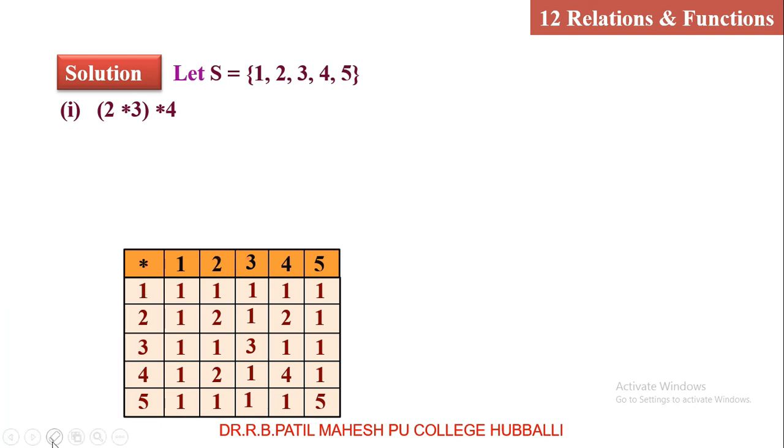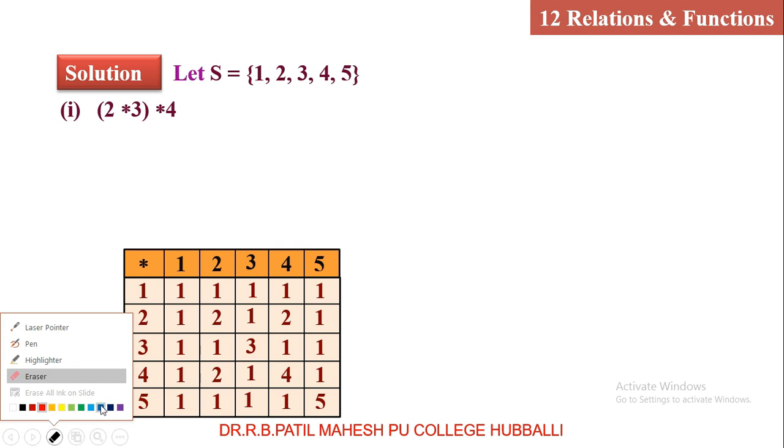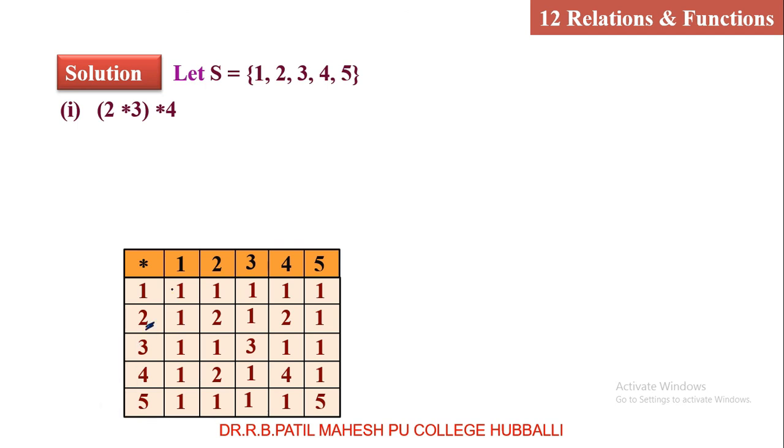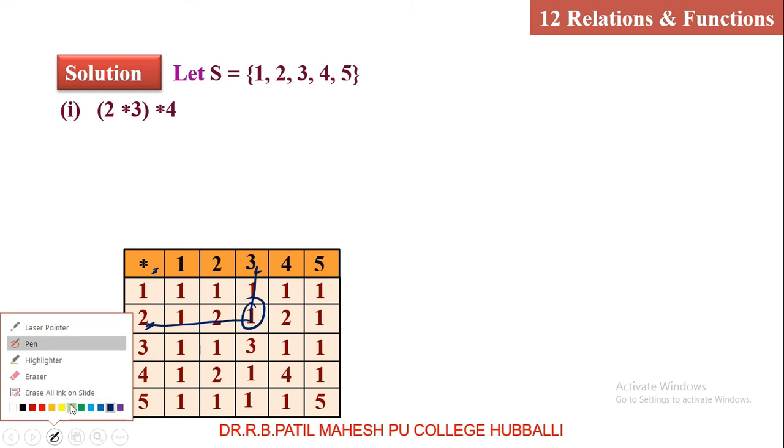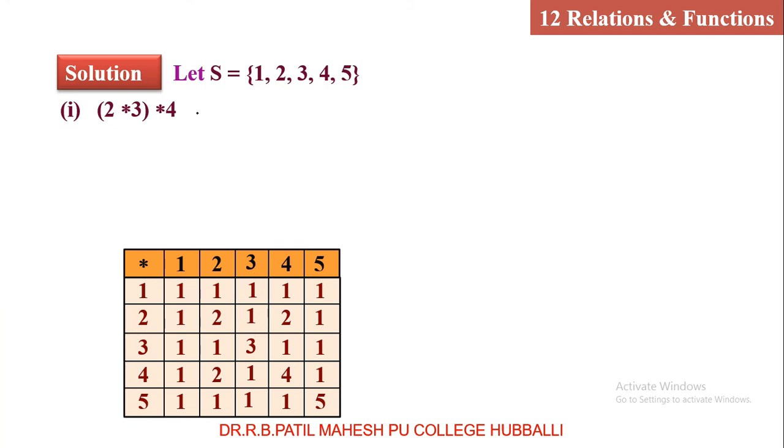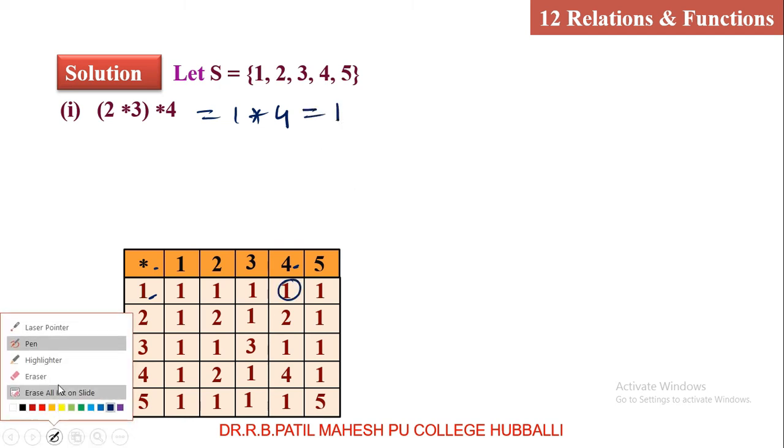This is 2 star 3. That value you can see here, that is 1. So the value of 2 star 3 is 1. Star 4. Now 1 star 4 I should check. 1 star 4 is again 1. So 1 star 4 is 1. Like this we find out the required value, students.